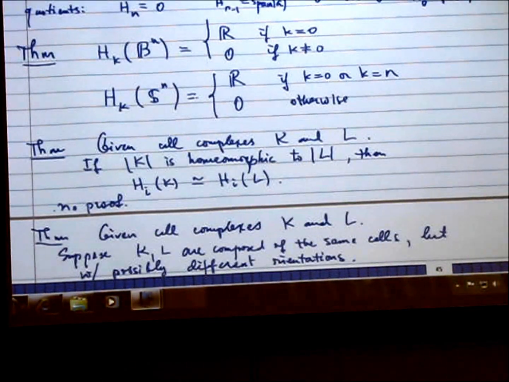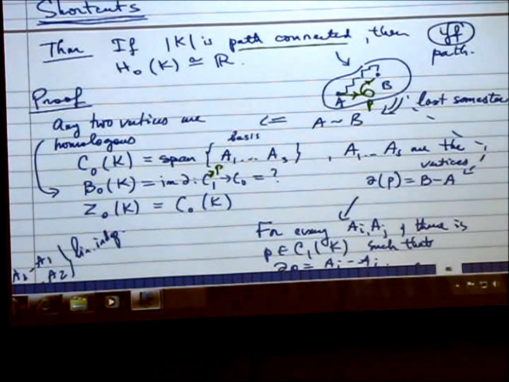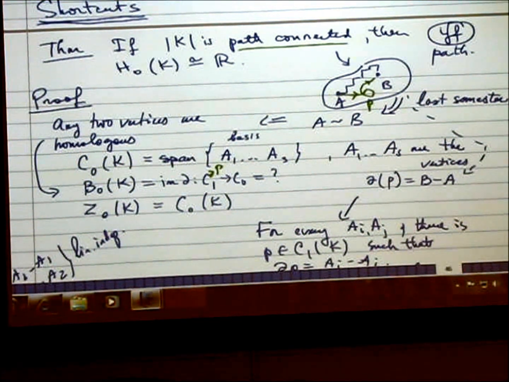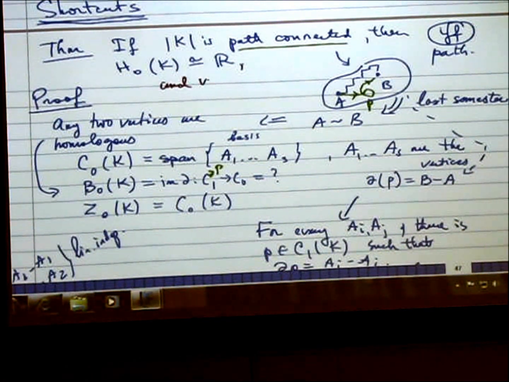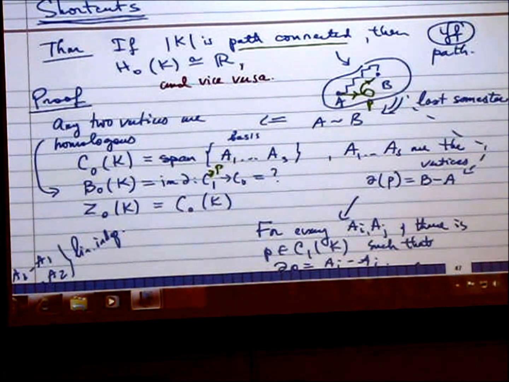Path connected, remember the theorem that if the realization of the complex is path connected, then the zero homology is R. But actually the converse is also true, something that we discussed last semester: that every vertex is homologous to every other vertex is equivalent to path connectivity of the realization.